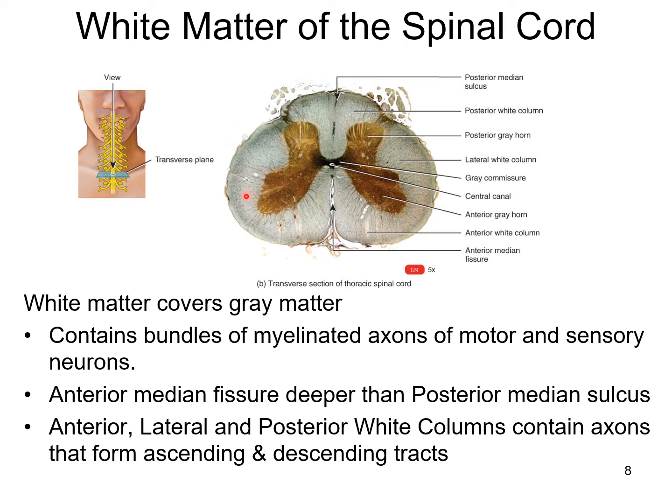Larger segments of the white matter are organized or called columns. We have the posterior column, the lateral column, and we have the anterior column. So this is all information, nerve impulse, superhighways in our spinal cord.